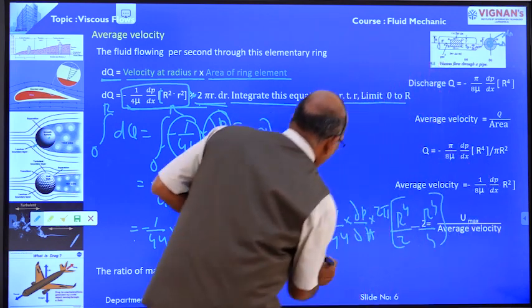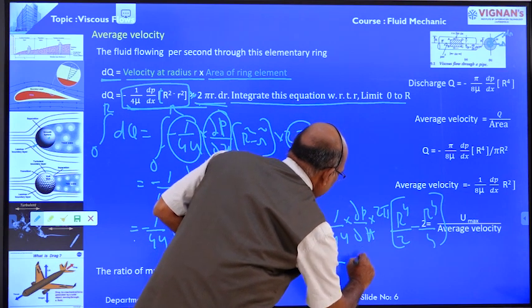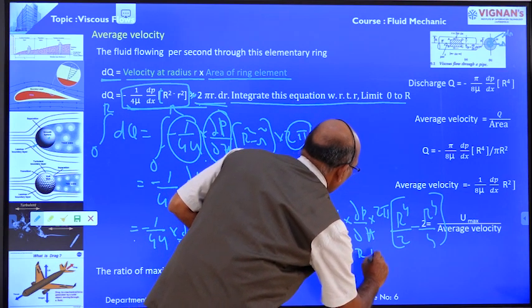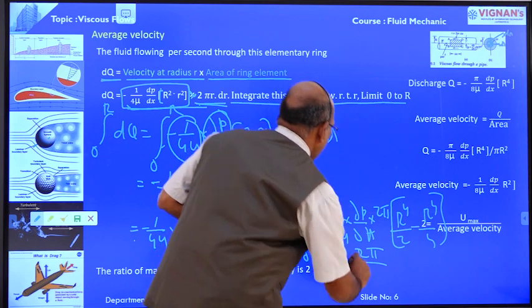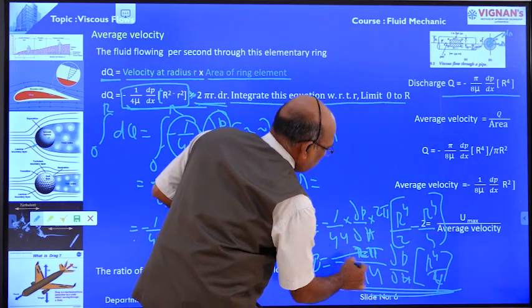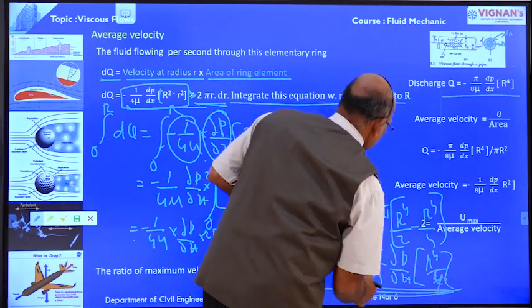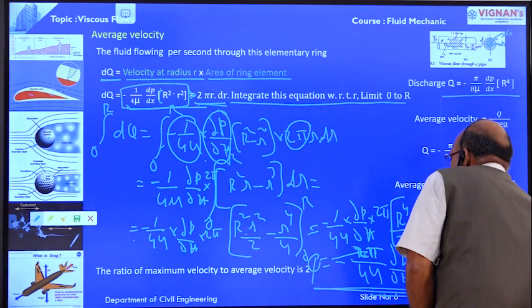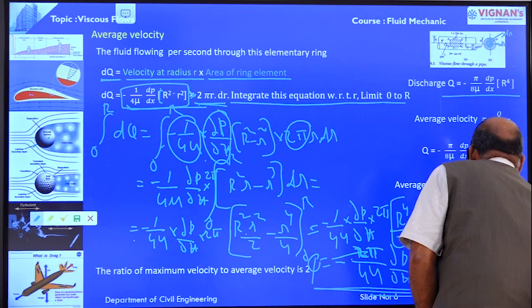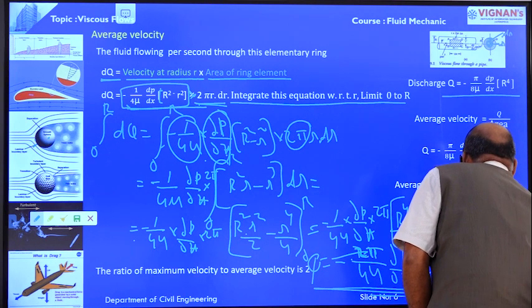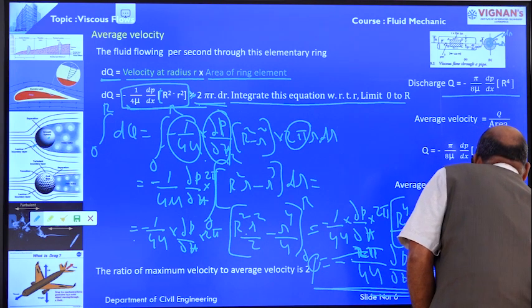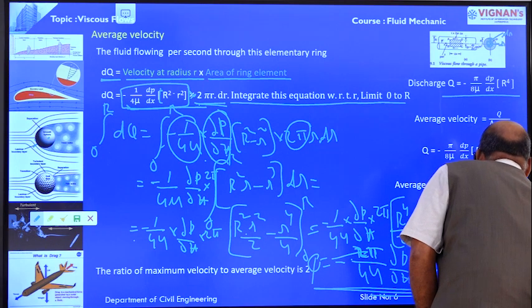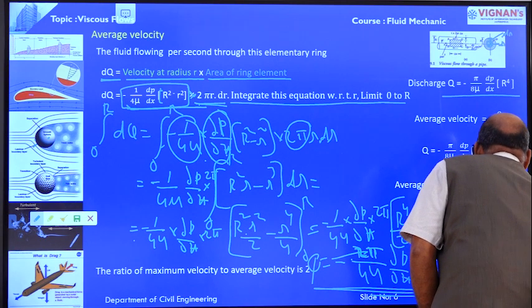Then this is equal to minus 2 pi by 4, 2 ones are 2, 2 twos are 4, which gives minus pi by 8 mu dp by dx into R power 4.